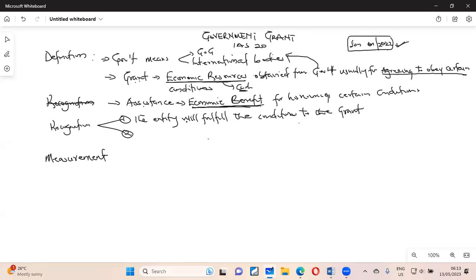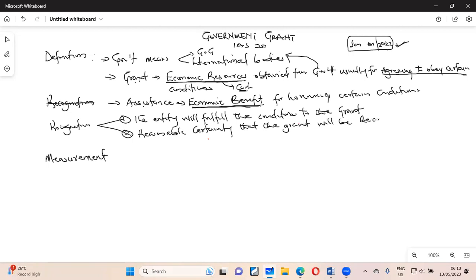So the entity will fulfill the conditions to the grant. Number two, there is reasonable certainty that the grant will be received.